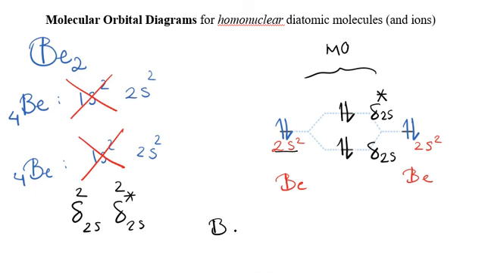And as you see here, bond order is going to be half of 2 minus 2, which means 0. So in other words, we don't have Be2 at all. Even in experiment, in the previous example, we had Li2, but we cannot predict that Be2 exists.